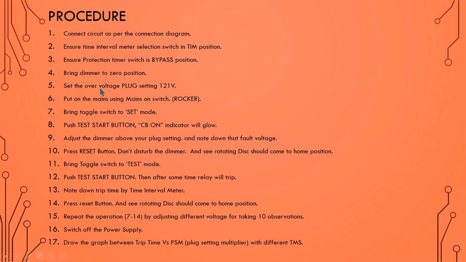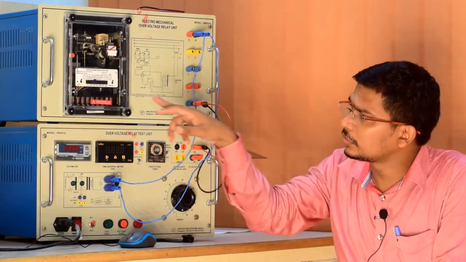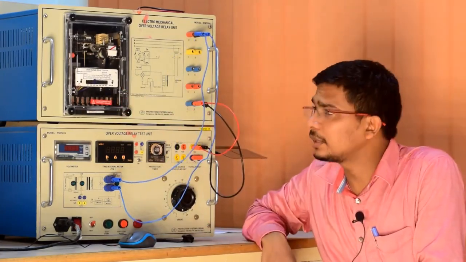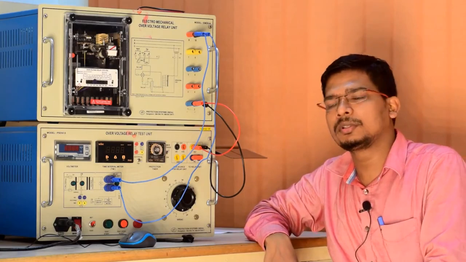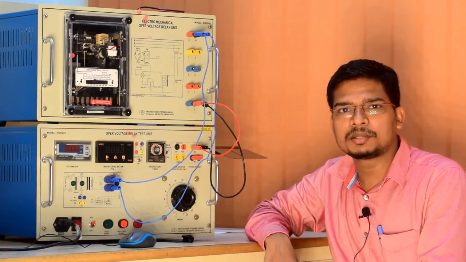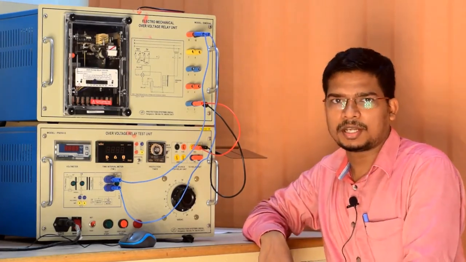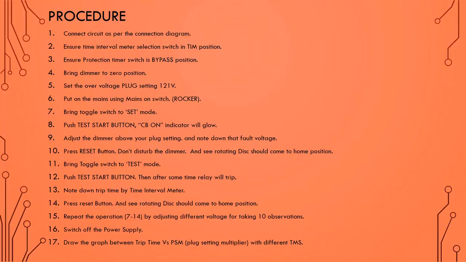Next, set over voltage clock setting 121. So this 121 or 132 or 143 or 154, that depends on whatever the observation we will take. So let's see the observation table, and from there we will find how much we should take as a clock setting and time setting multiplier.